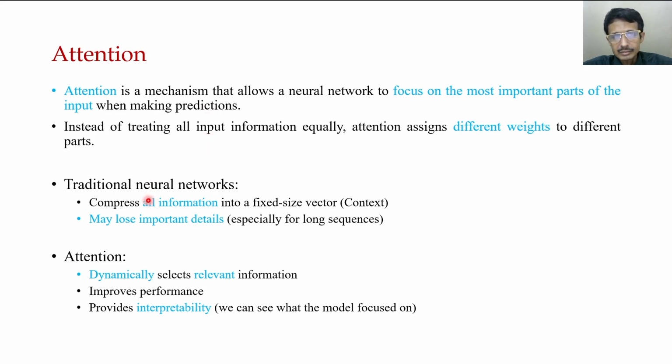By this characteristic of compressing all information in a fixed size context vector, we may lose some information. Some important details we can lose, especially for longer sequences or sentences.